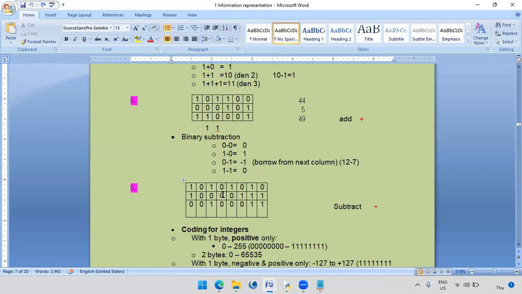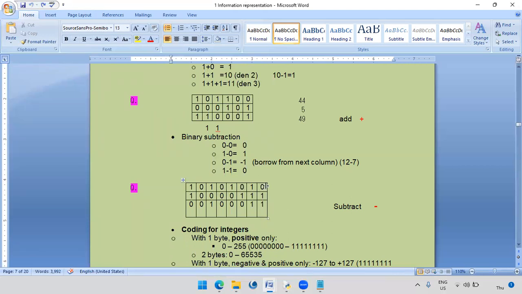You will see it in this way. When you do this subtraction, this is the number, this is the number to subtract. 0 minus 1, we can't, no? We can't deduct 1 from 0. So you borrow 1 from the next column. What happens here? That's what I was explaining.